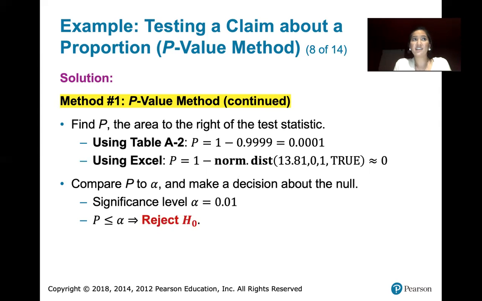That is a huge number of standard deviations above the mean. That is highly unlikely to happen due to chance. So the assumption that led us to saying that that p hat was extremely unlikely must be wrong. And that assumption was that the null hypothesis is true. So we're going to reject the idea that the null hypothesis is true. It's what we call rejecting the null.